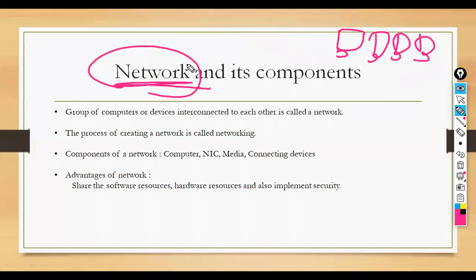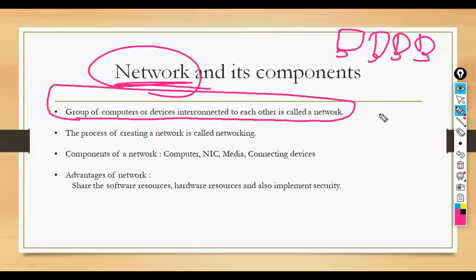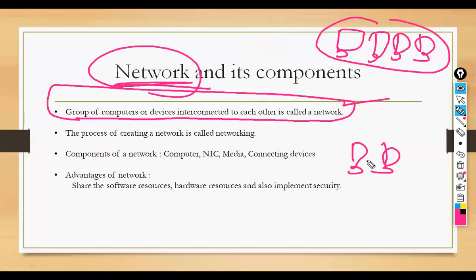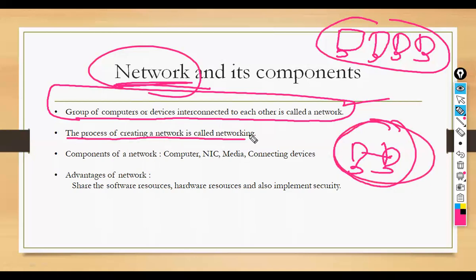The group of computers or devices interconnected to each other is called a network. You will have multiple computers here and at least 2 computers will be there. And you will interconnect these computers, forming a network. That interconnection is called a network. So the process of creating a network is called networking.